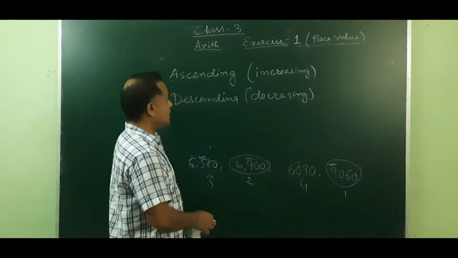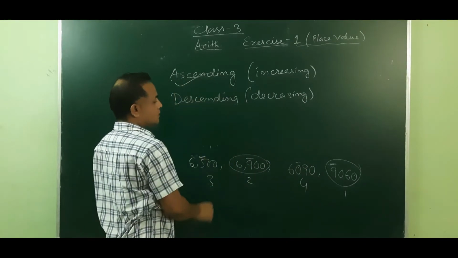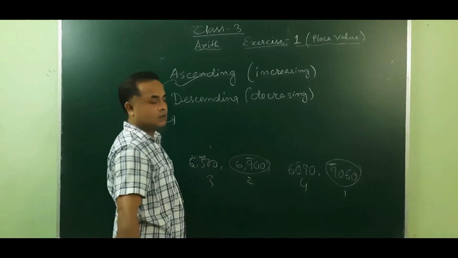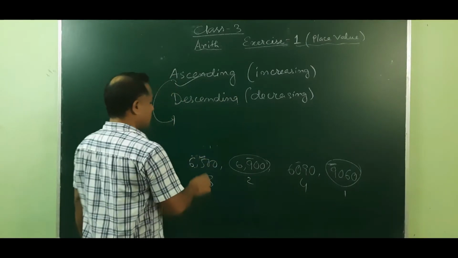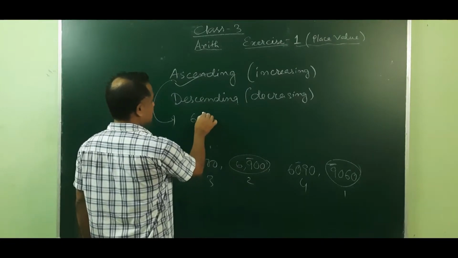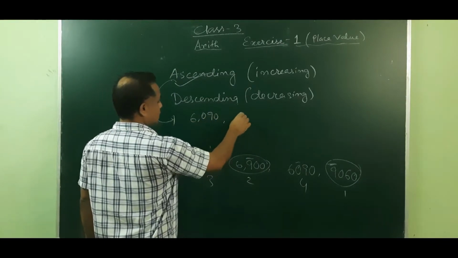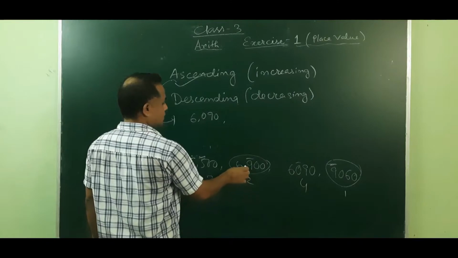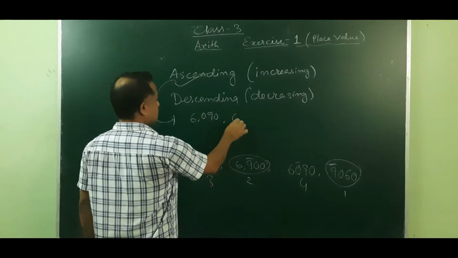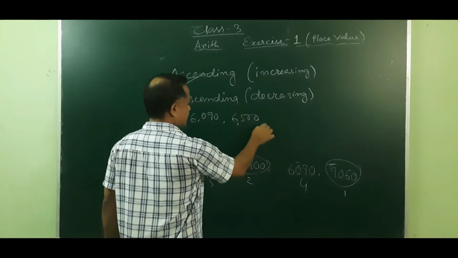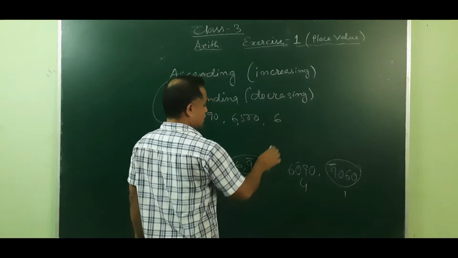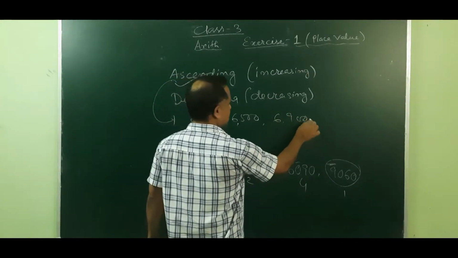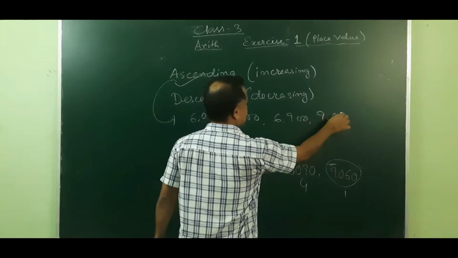So when we write in the ascending order, that means small to big, then we can write 6090, then 6500, 6900, then 9060.